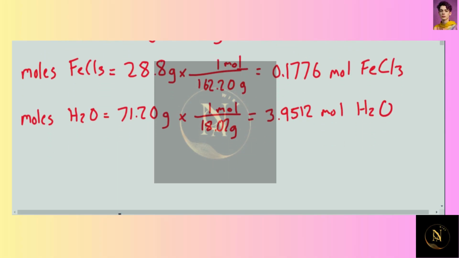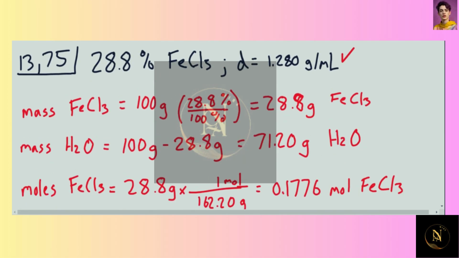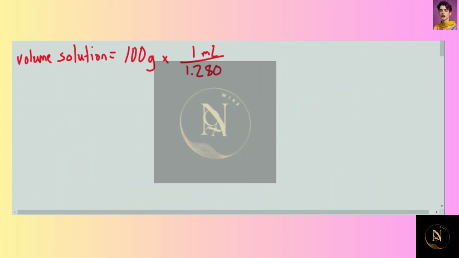And then the last value that we need to calculate before we calculate the concentrations is the volume of solution. All we have to do there is take our assumed weight, which is 100 grams, and divide by the density, which we're given in the problem.